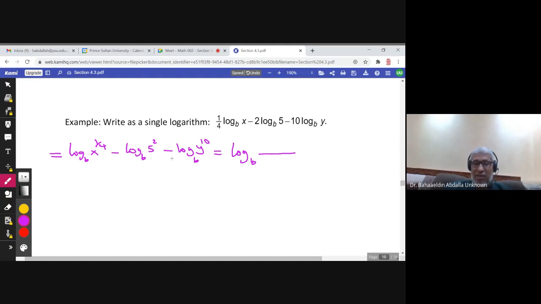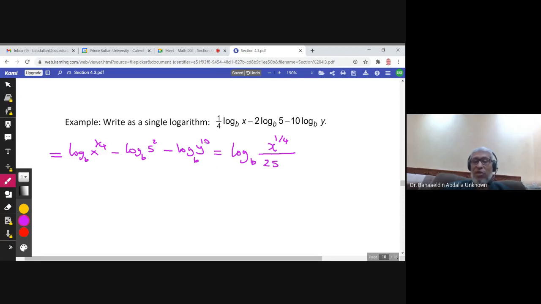Because there is a minus sign, and there is a plus sign. So whenever there is a plus sign, here, for example, log x to the power 1 over 4, this is positive, so x to the power 1 over 4 would be written in the numerator, while 5 to the power 2, which is 25, because there is a minus before the log, I will write it down.